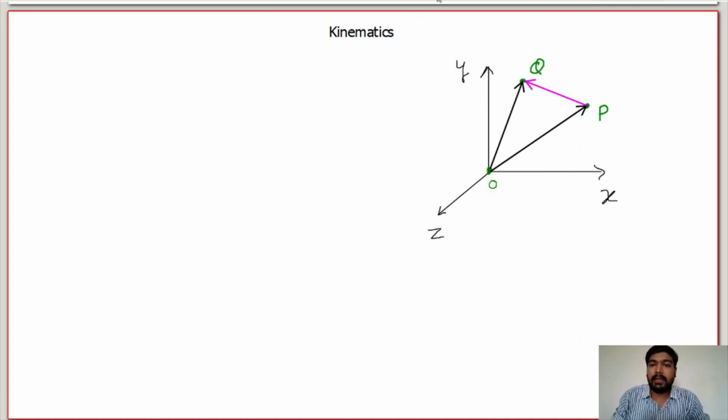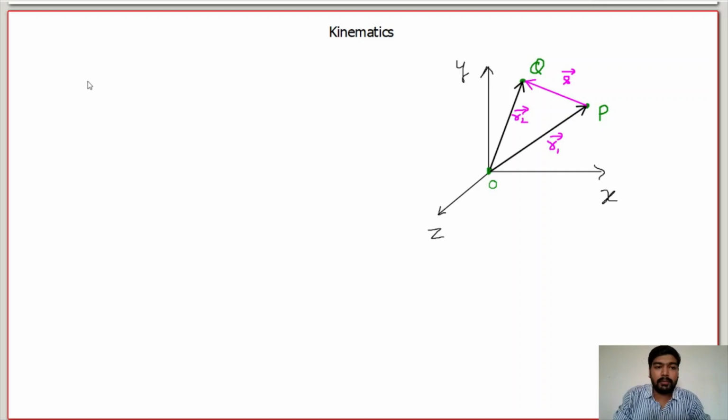This will be my displacement vector, and these are my position vectors. Suppose this is R1, this is R2.